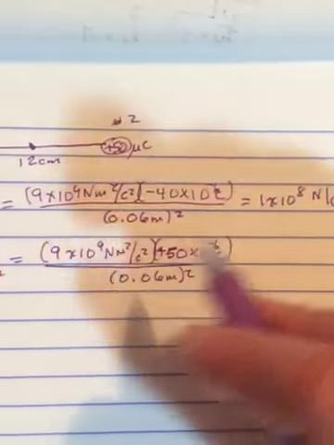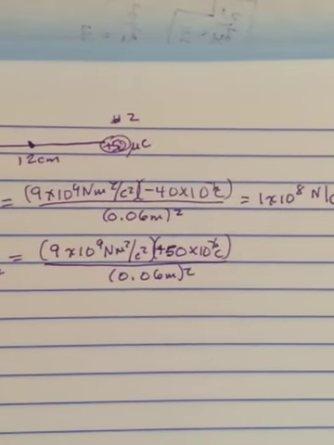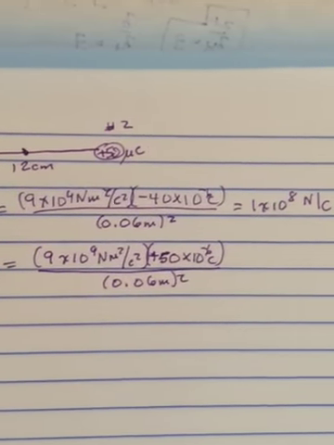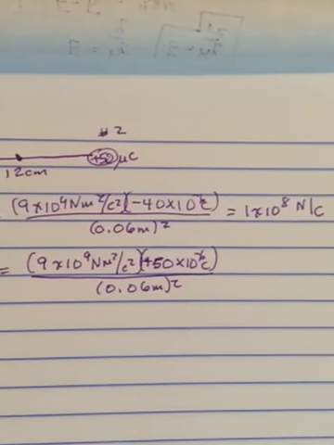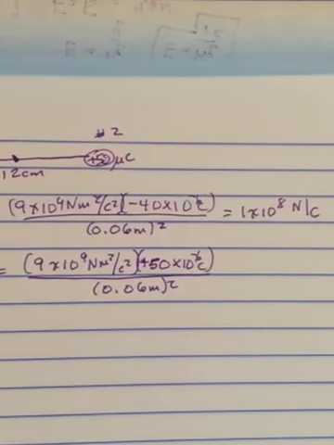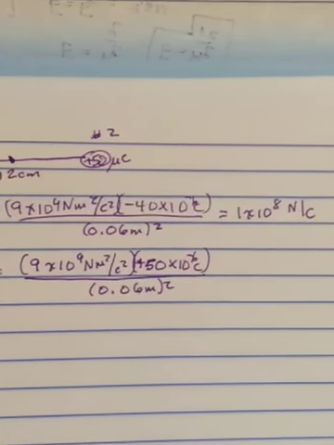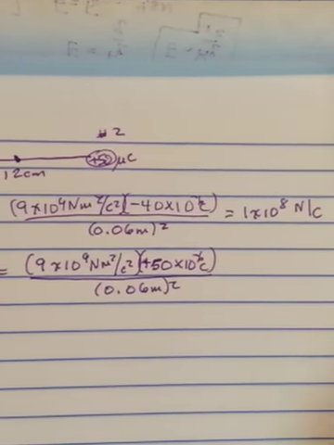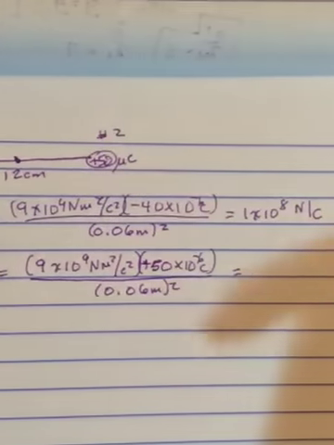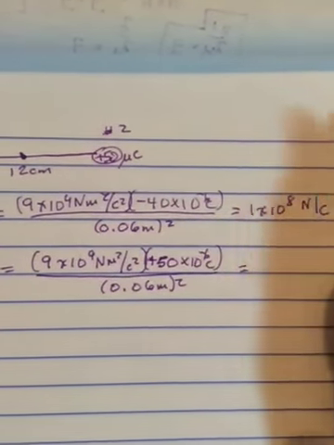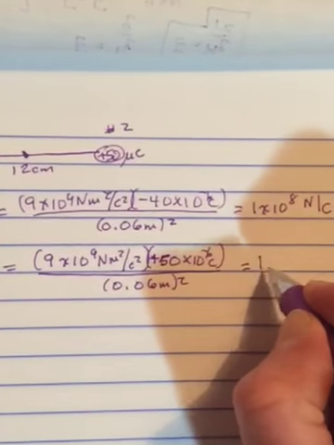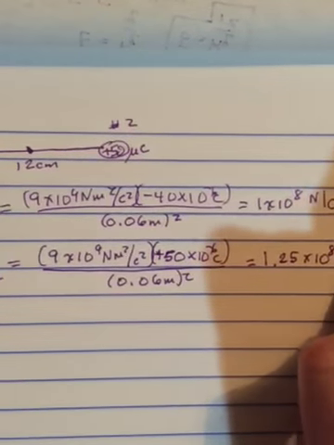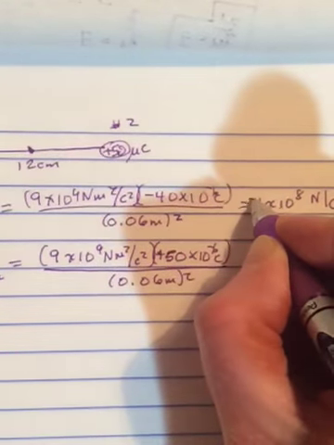And then this one's 50, so that's 45 over 36, which is like 1.25 maybe? 9 times 10 to the 9th times 50 times 10 to the negative 6 divided by 0.06 squared. 1.25 times 10 to the 8th newtons per coulomb. This one, though, is a negative.